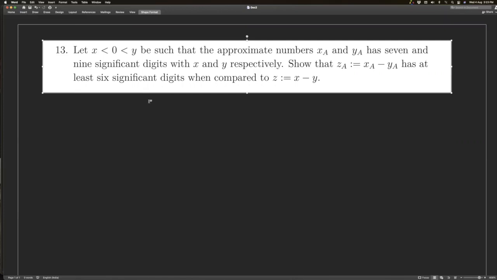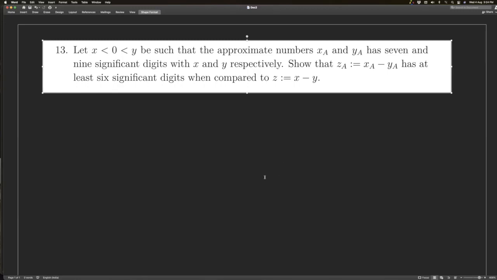Next, let us do the problem number 13. In this problem, we have two numbers, x and y. x is negative and y is positive, and their approximations are given by xa and ya, where xa has 7 significant digits when compared to x, and ya has 9 significant digits when compared to y. Now we have to perform the calculation x minus y.